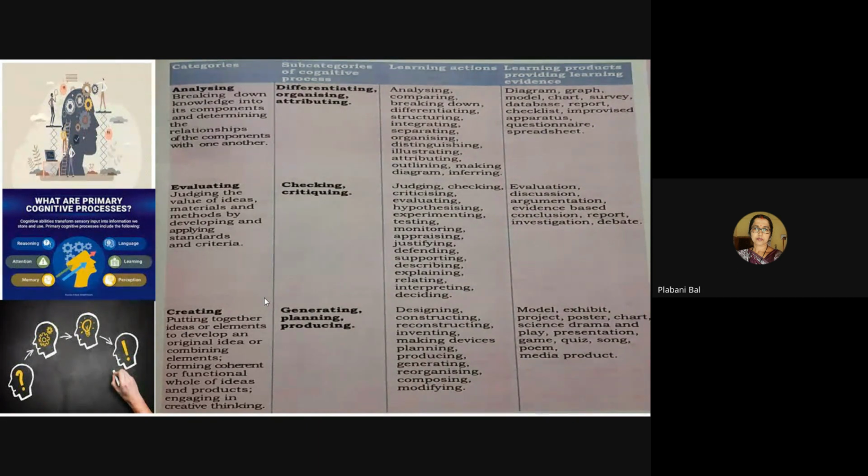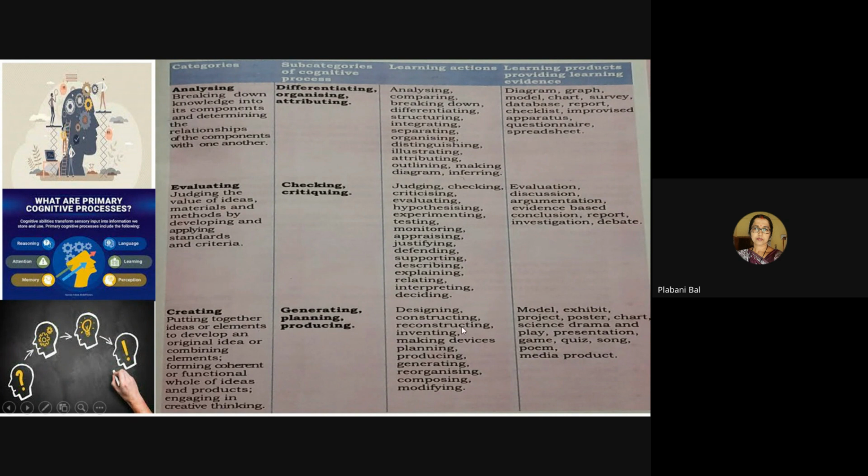So the subcategories of cognitive process of creating are generating, planning, and producing. The action verbs that can be used are designing, constructing, reconstructing also is under creating.